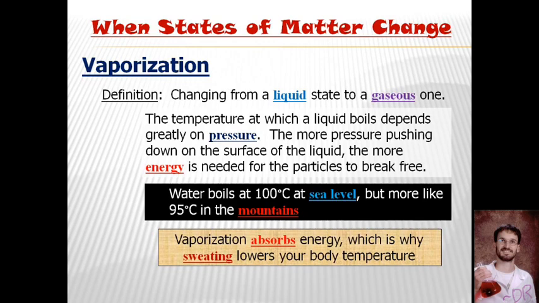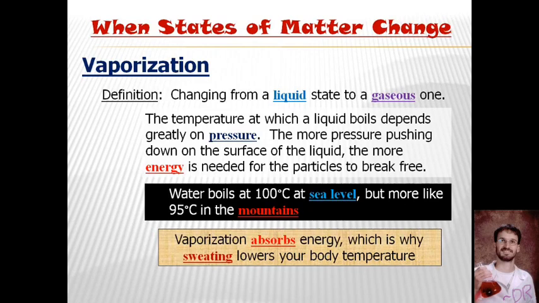So vaporization, the actual temperature that things boil at, changes and has a lot to do with pressure. The more that the air is pushing down on the surface, the more energy that you have to put into the molecules before they can break away and go into the air and vaporize.